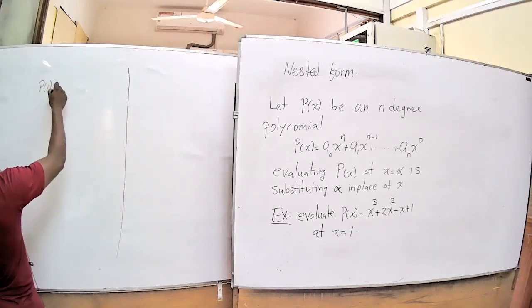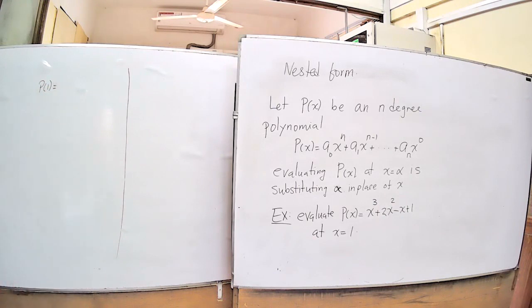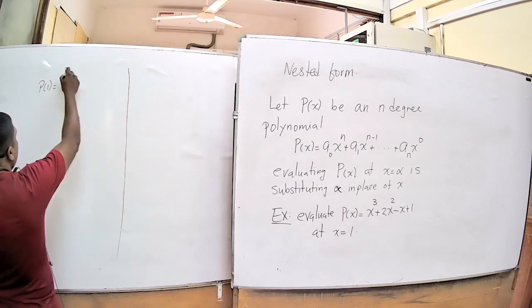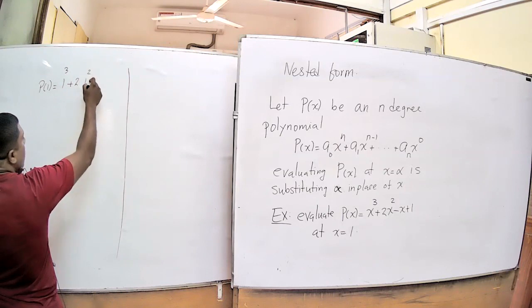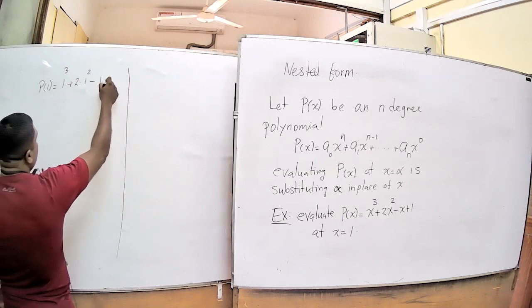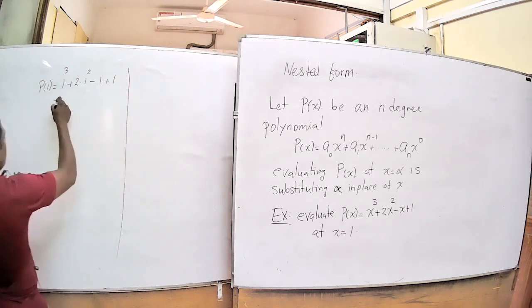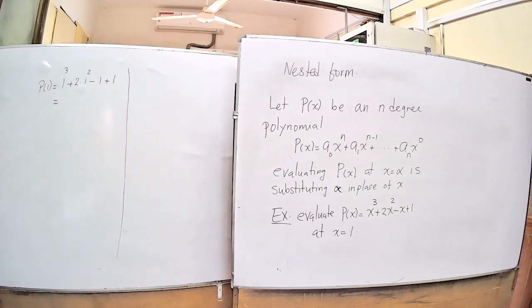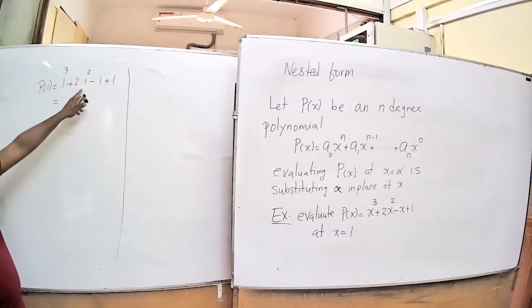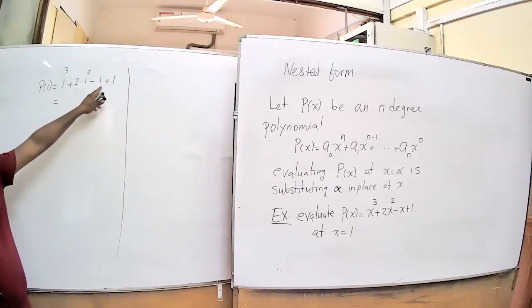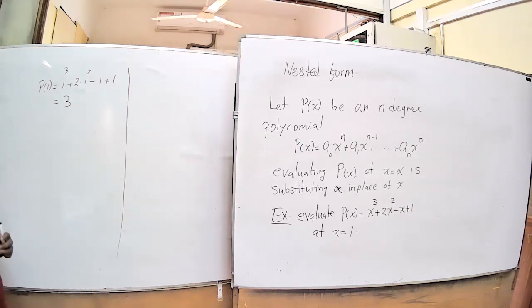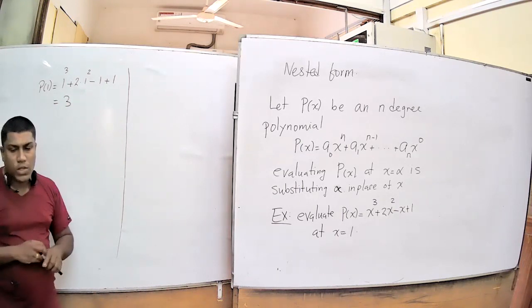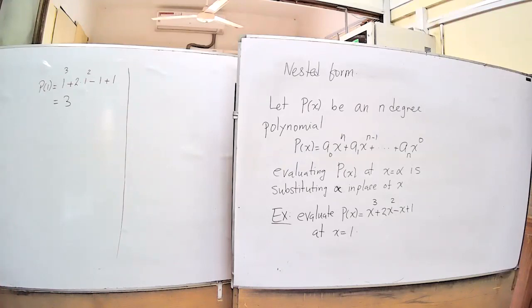You want to find P of 1, so you get 1 cubed plus 2 times 1 squared minus 1 plus 1. You can simply evaluate this: 1 plus 2 is 3, minus 1 plus 1, so 3. This looks very simple. You just substitute 1 and you get this.